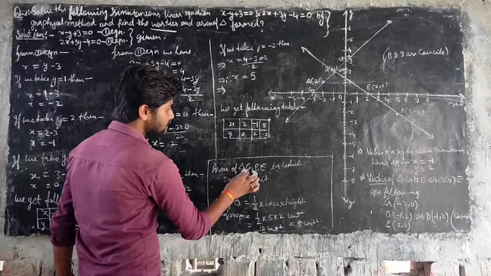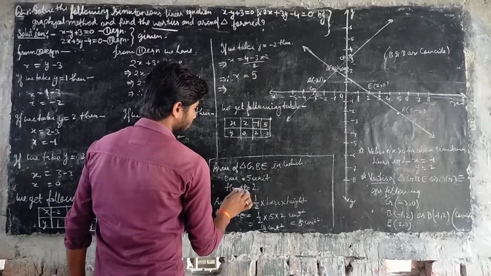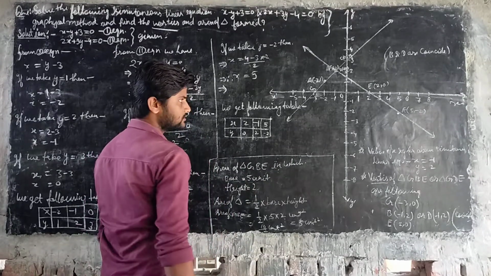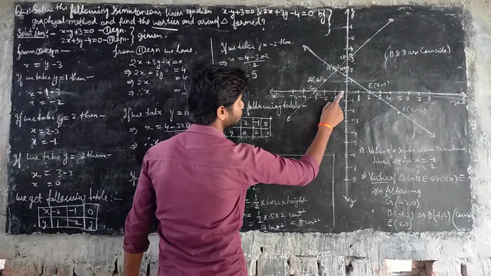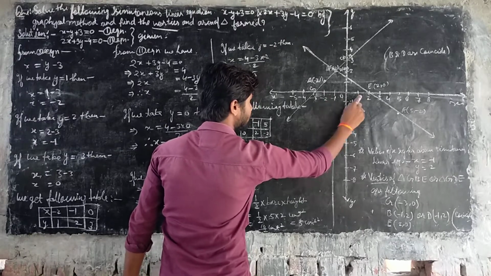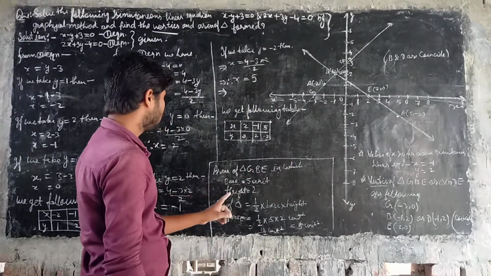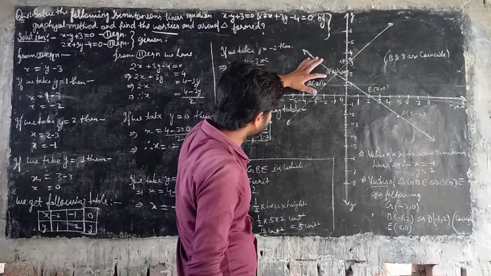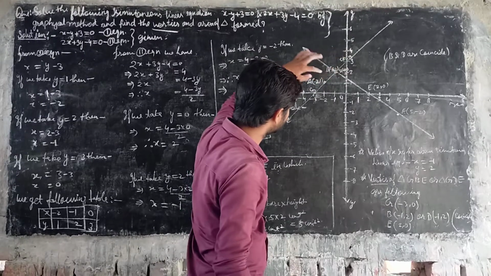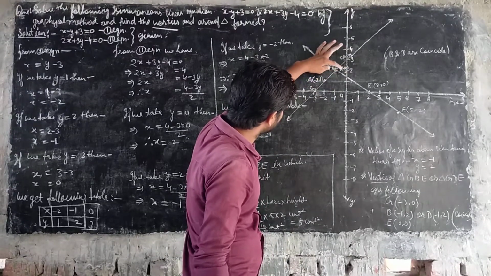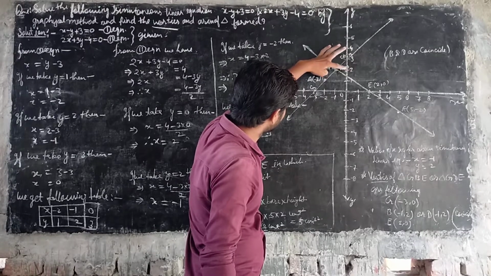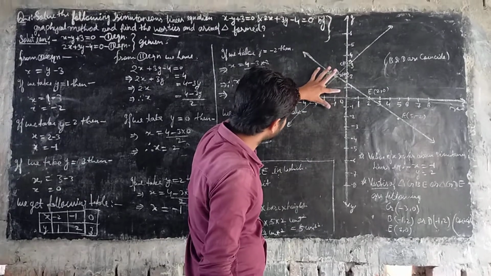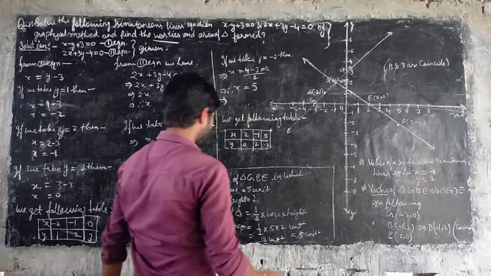In this triangle the base is 5 units, meaning there are 5 gaps: 1, 2, 3, 4 and 5. The height of the triangle is taken on the y-axis. Here there are 2 gaps, so the height is 2 units.